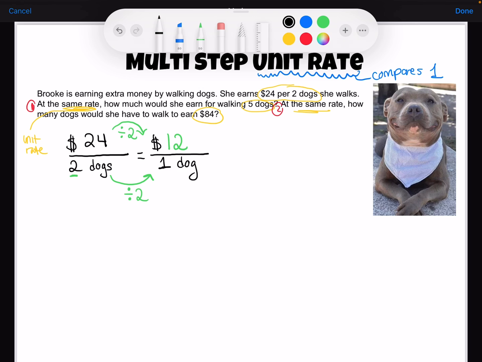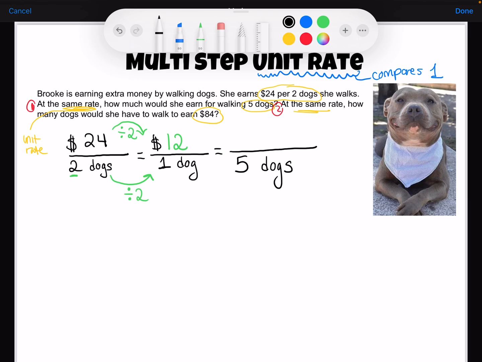There's another step, and that next step is we're wondering how much she would earn for walking 5 dogs. So now that we know how much she earns per 1 dog, we can set up another fraction bar and put in 5 dogs there.